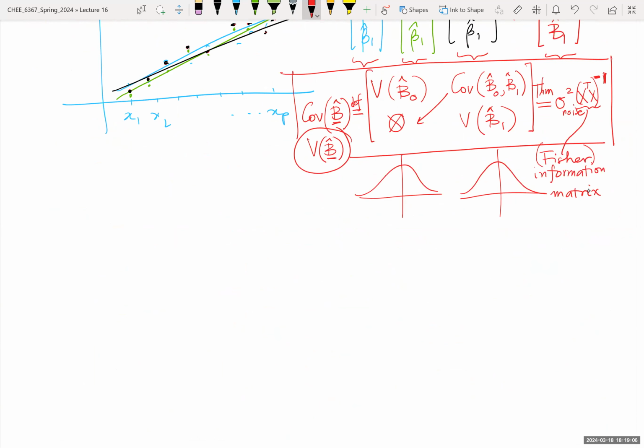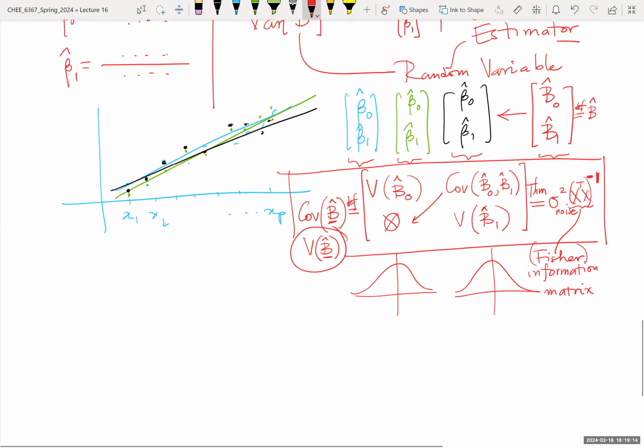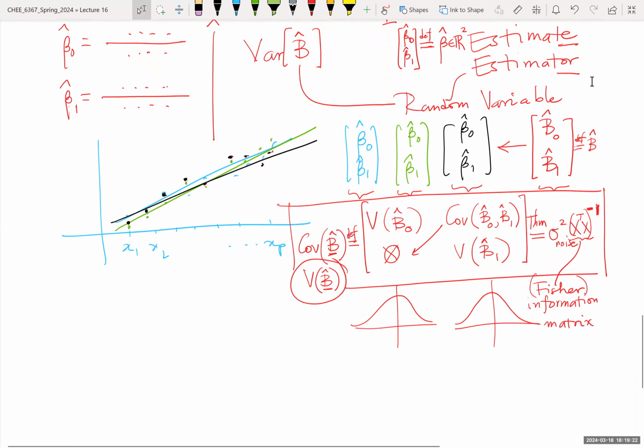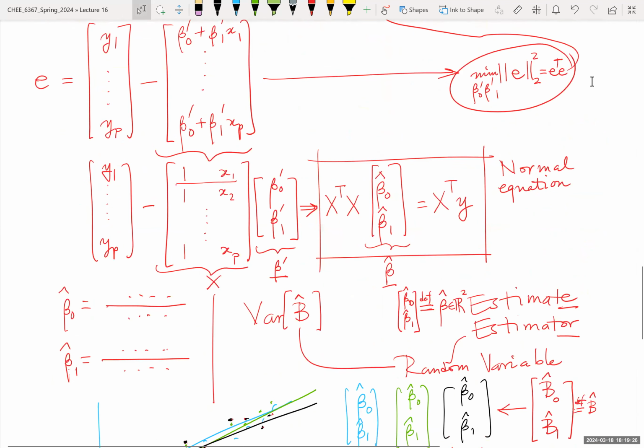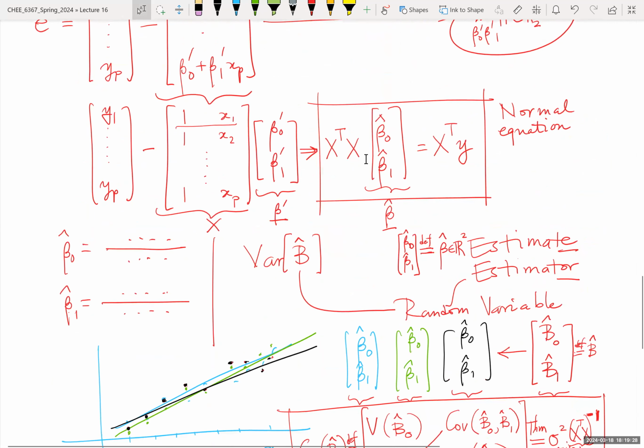Of course, associated with that, I should have mentioned that first. If my model structure is correct, this straight line structure is correct, I can show that the estimates, somebody mentioned that already, the estimates of these parameters, beta 0 and beta 1, through this estimator that we defined here, this defines an estimator because it gives you different estimates every time.